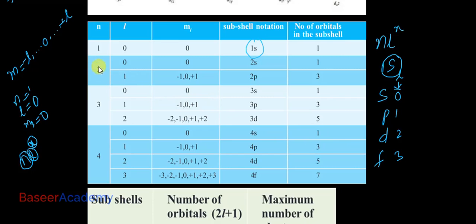In the same way, the N value is 2. So in place of N, I'll be writing 2 here. The L value is 0. 0 means it is the s subshell. So 2s.